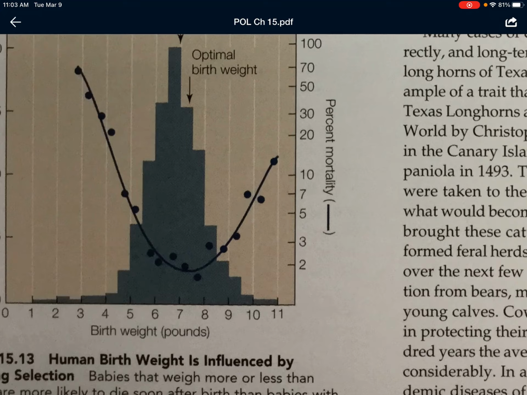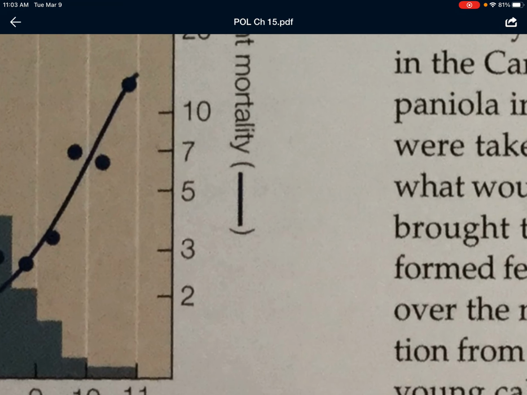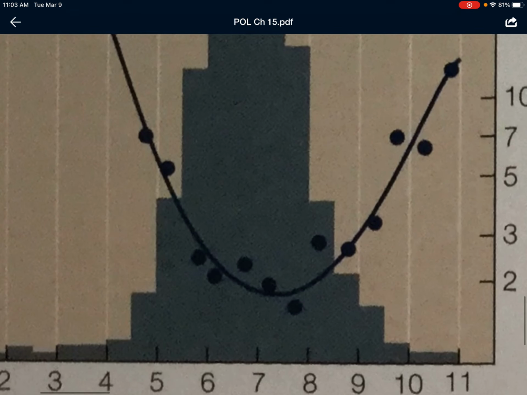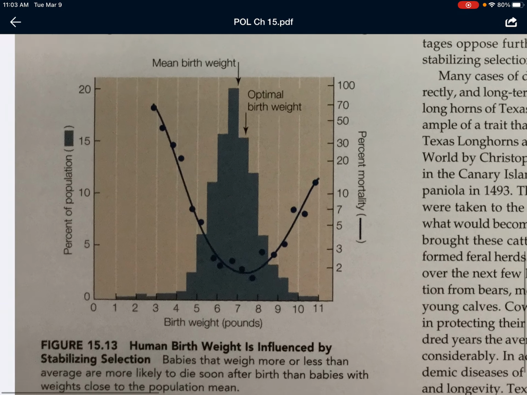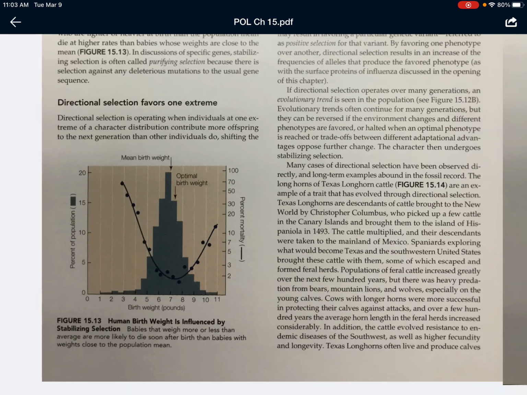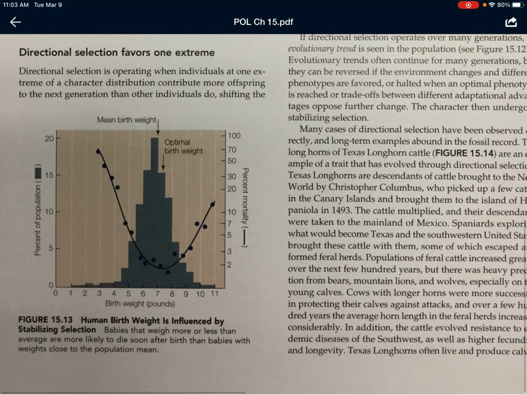But as you go out to the extremes in either direction, the mortality increases. So stabilizing selection influences birth weight to be near the mean, which is right around 6 to 8 pounds.